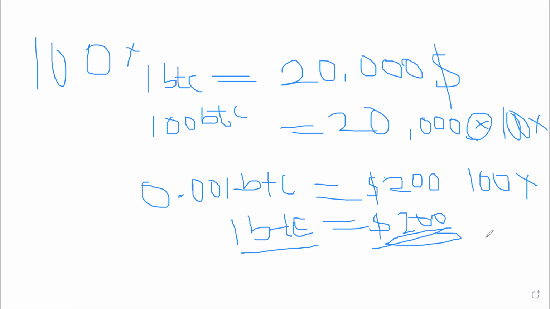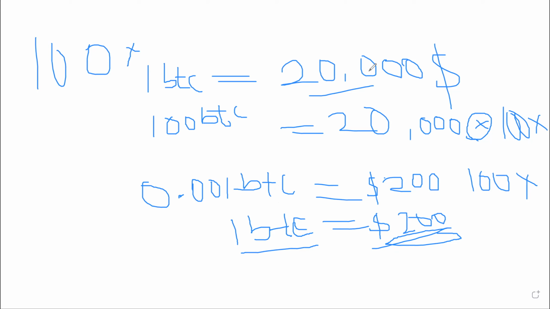Now, the problem comes from this. You are trading 1 Bitcoin, and you are trading it with $200. Now, if Bitcoin should move, the original price being $20,000, to 19,900, your margin will be reduced to $100 because you are now losing $100 on the 1 Bitcoin you opened with $200.